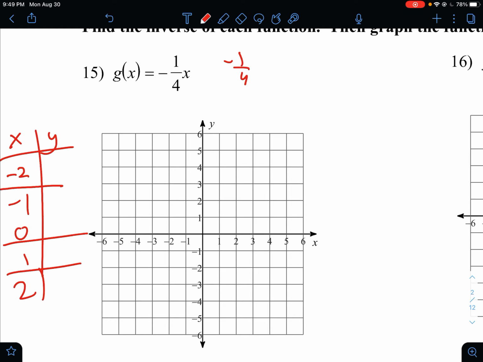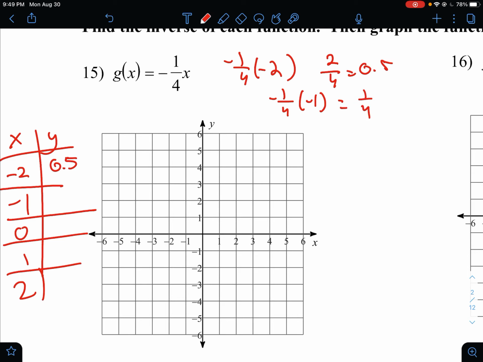So we end up with negative 1/4 times negative 2, which is going to give us 2 over 4, which is 0.5. All right. Then I get negative 1, so I have negative 1/4 times negative 1, which gives me 1/4 or 0.25. Now, when you're graphing, honestly, I would recommend decimals.